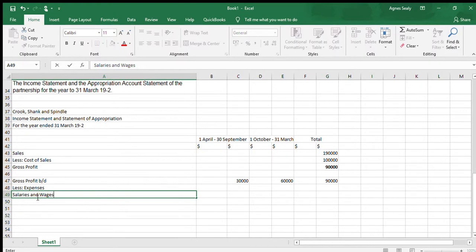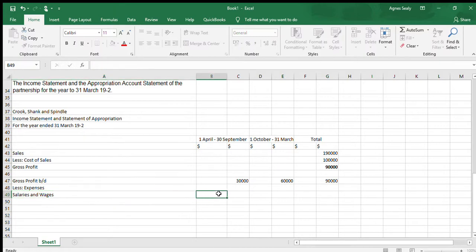So when we have a partnership change, our expenses are prorated according to a time basis or according to what is instructed within the question. This period is 6 months and the next period is 6 months, and the total for the year was $21,000 in salary and wages, so we are going to divide it by 2.